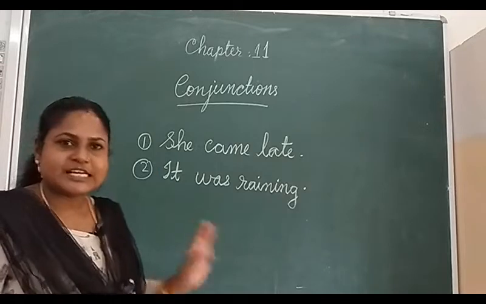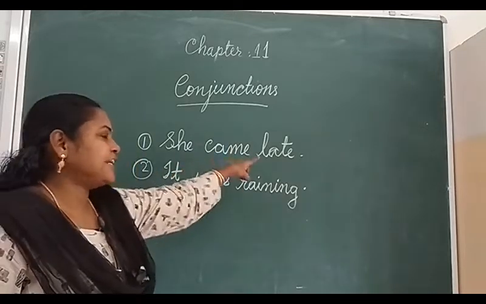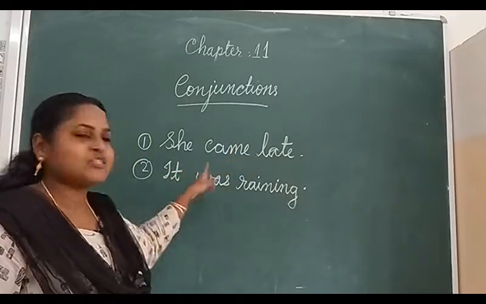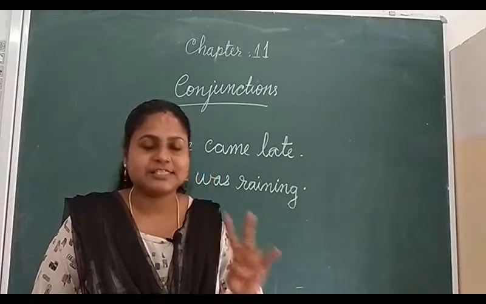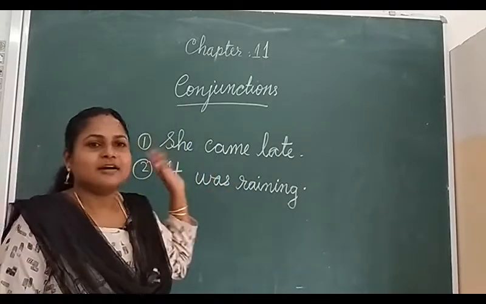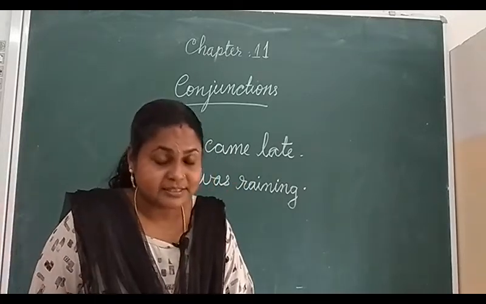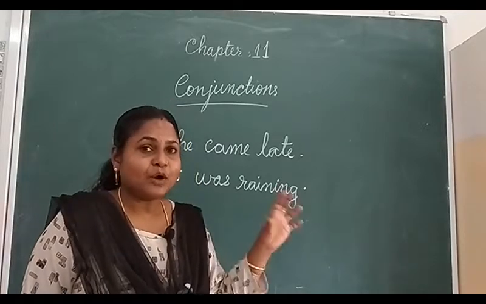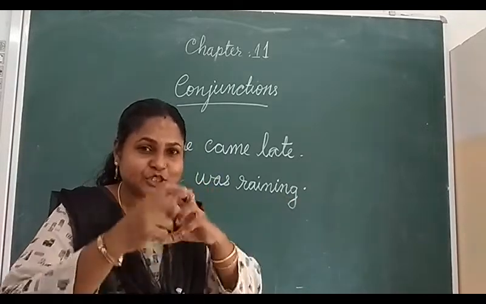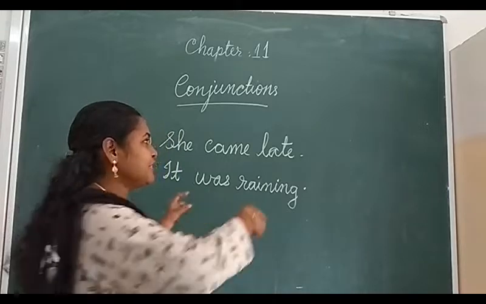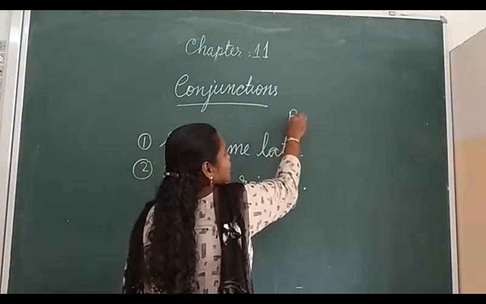There are two sentences, first one, she came late, and the second one, it was raining. These two are written in the past tense. Now we are going to connect these two sentences using first because.